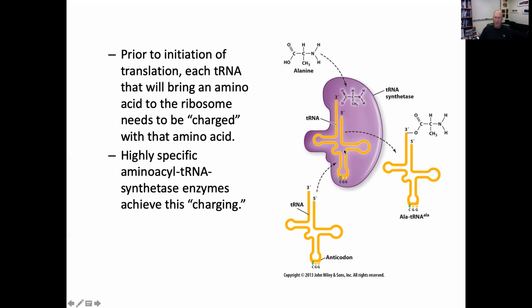They're going to recognize the tRNAs, they're going to recognize the amino acid, and they're going to attach them together. This is critical for the fidelity of the translation process, so that when this codon, this is the anti-codon on the tRNA, it's going to partner with a codon on the messenger RNA, and that's going to put the right amino acid onto the growing peptide chain.